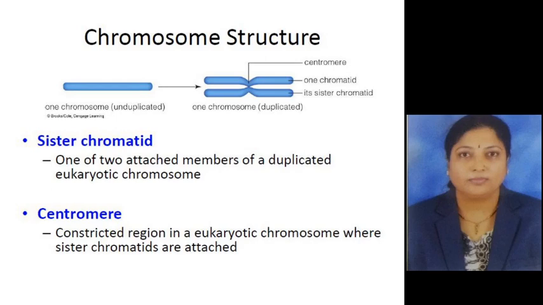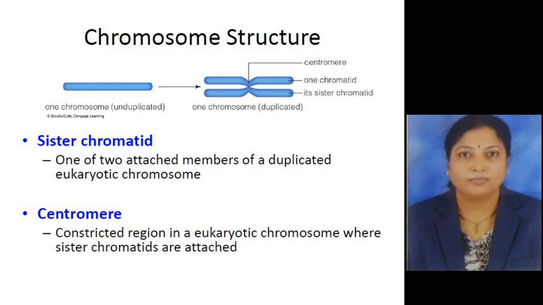During the metaphase, the X-shaped structure is called the metaphase chromosome. In this highly condensed form, chromosomes are easy to distinguish and to study. Here you can see the structure of one unduplicated chromosome and another duplicated chromosome.